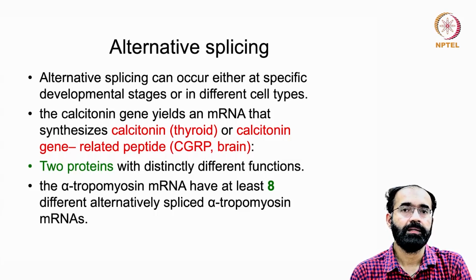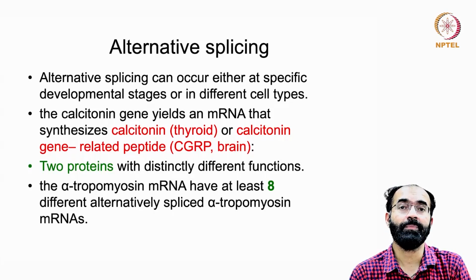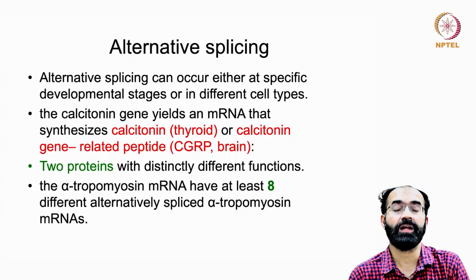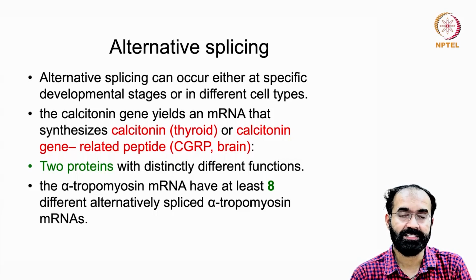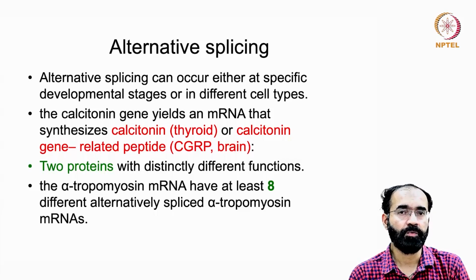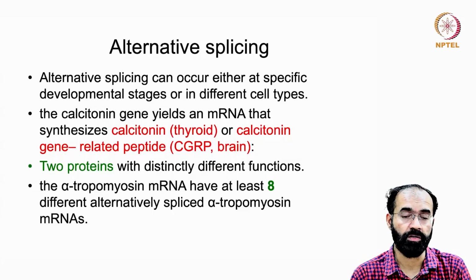So instead, make an alternative spliced form of that particular protein, make use of it, and the rest of the time do not go for that alternative spliced form, because that gene can perform a different task throughout the organism's life. So this is how you make use of alternative splicing during development. Of course, we cannot make use of it at our will. It is how nature has evolved, or how an organism has evolved during the evolutionary time scale.